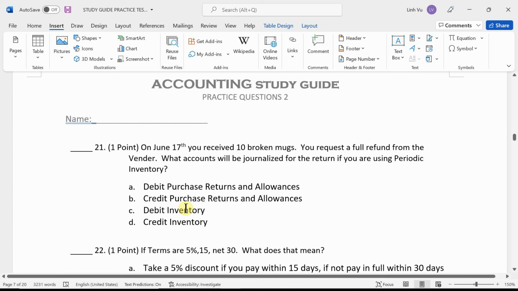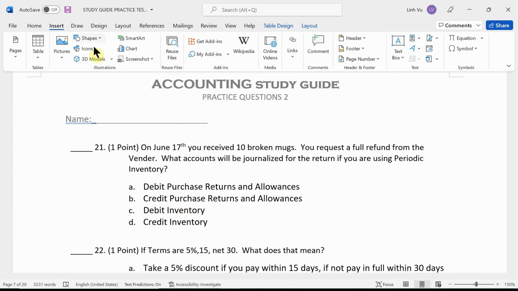Because if a purchase expense is already debited, why would you increase it if you're trying to decrease the inventory items? So D. Not D, not inventory. It's never inventory. I said B. Oh, you said B as in boy? Yeah. Oh, okay.